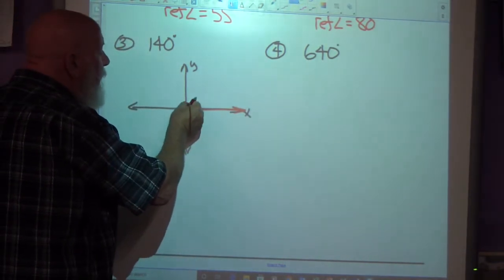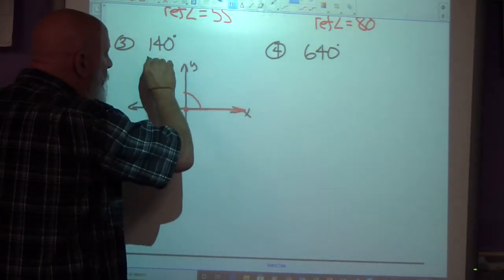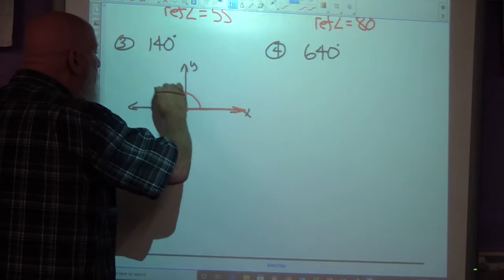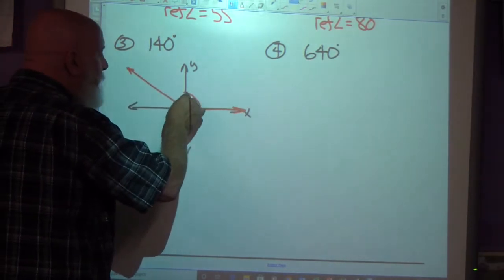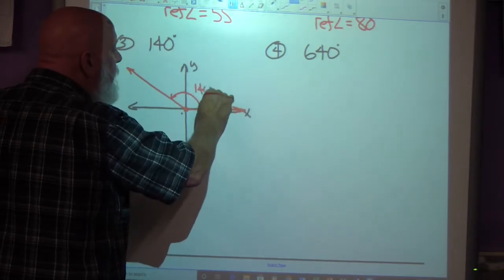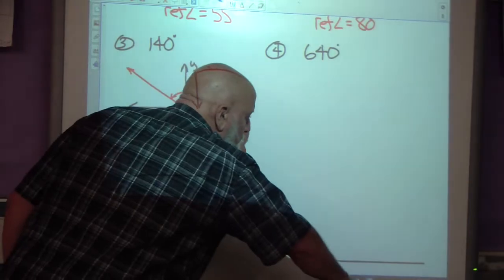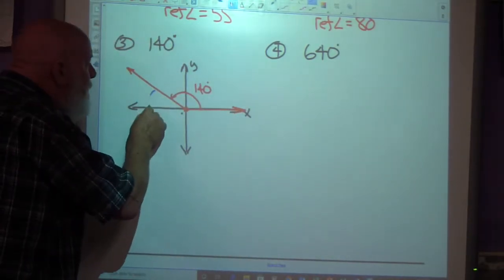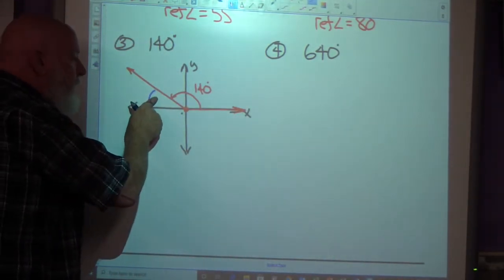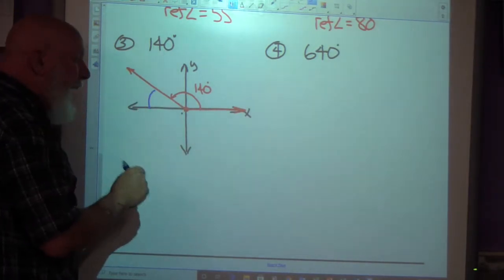Well, here's 90 degrees of rotation, so I'd have to go 50 more to get to 140. Something like that. That's not perfectly accurate, but it gives me an idea. That's a 140 degree rotation, positive rotation. I'm in quadrant 2. I want to know what is the measure of this angle right there. That's the reference angle between the terminal side and the nearest x-axis.